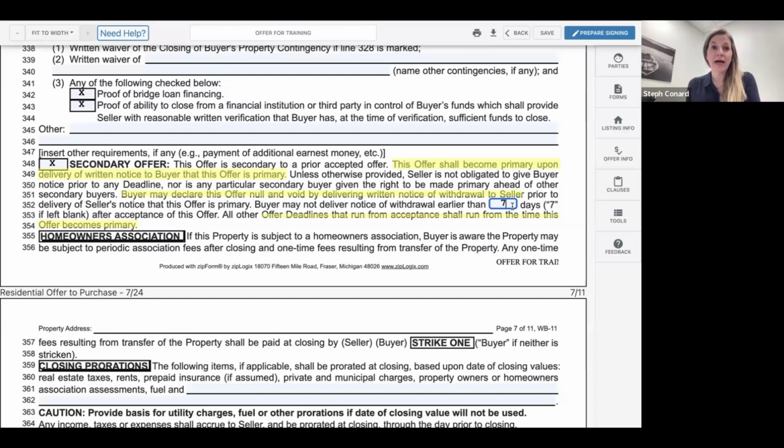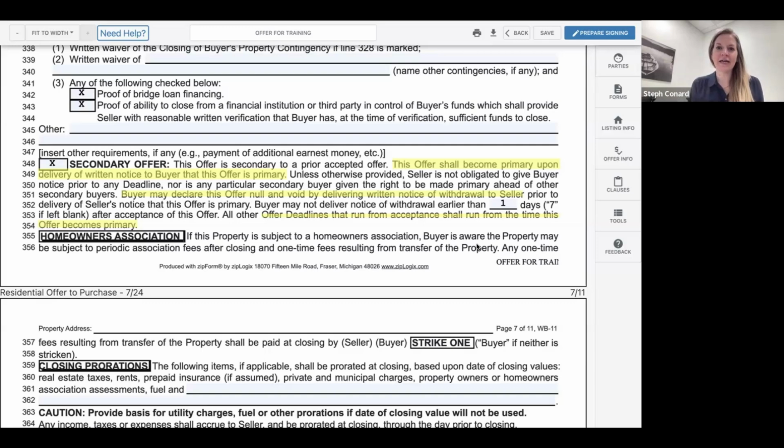So we countered back and said, why don't you hang out in secondary position for 1 day? You can't withdraw your offer for 1 day, but now you're just hanging out, and if something happens to buyer number 1, we can come back to you. They didn't go for it.